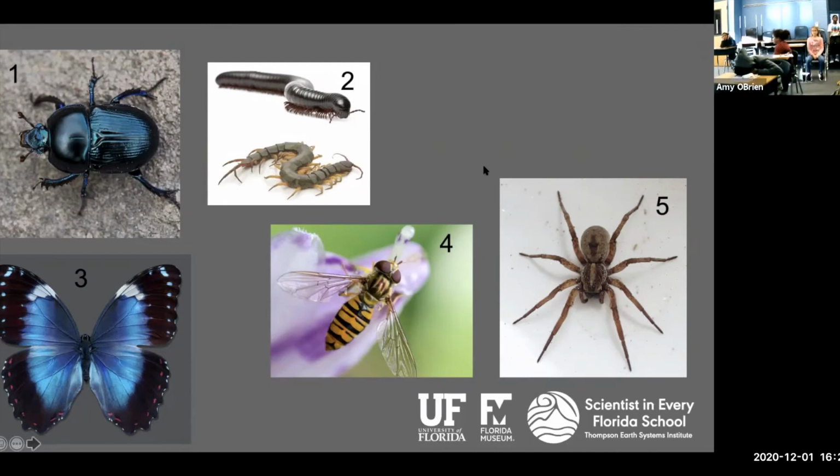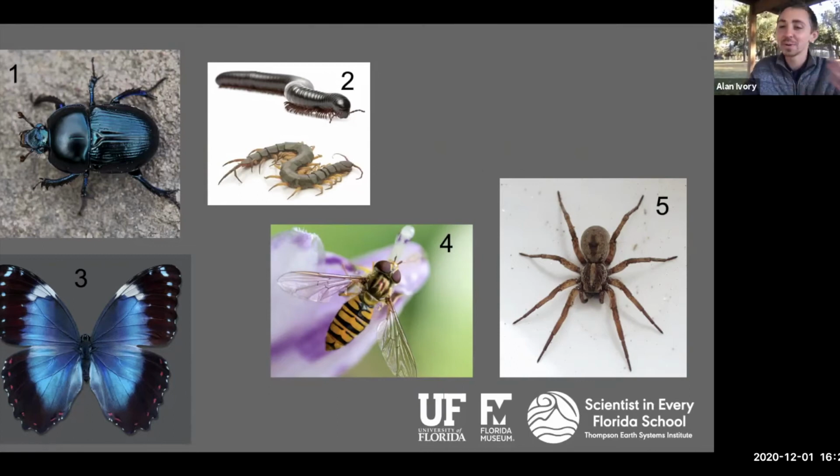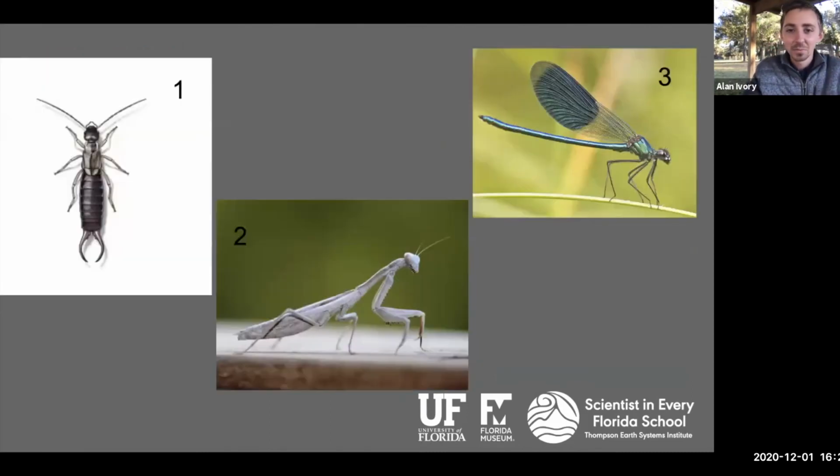So now that I've taught you what an insect is and you guys have absolutely mastered it, we can move on. On your worksheet, you'll see there's a little link to a guide to teach you how to identify different insects. It'll have different pictures for you, and you have to figure out which 3 insects these are.